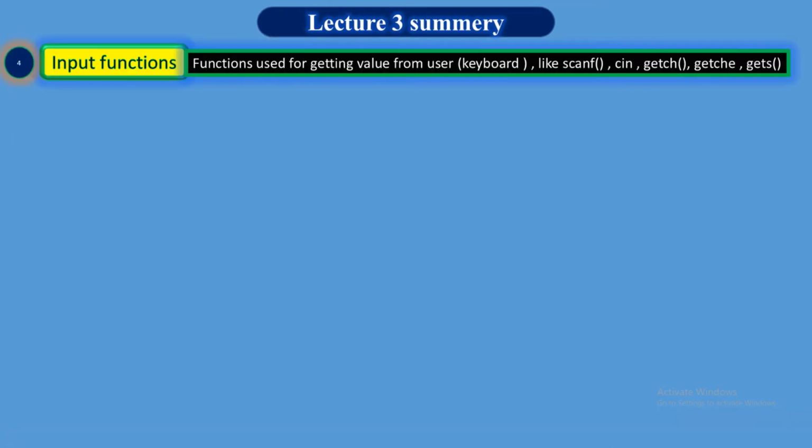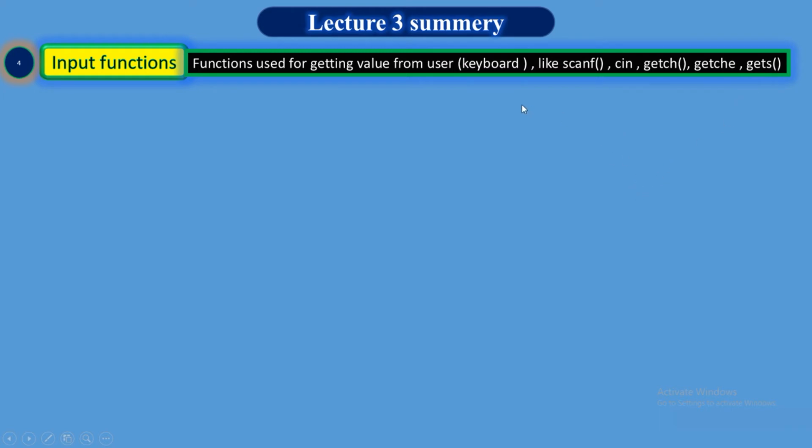Next, in our chapter 3, we learn about the input function. An input function is used for getting values from the user or from the keyboard. Examples of input functions are scanf, cin, getchar, getch, getche, and gets.